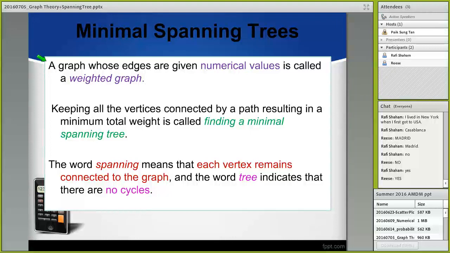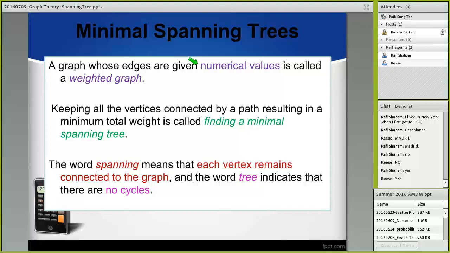In the test, they will just ask you, what is a weighted graph? Well, if you see a graph that we work on, Euler path or Hamilton path or circuit, if you see numbers on the edge, we call it a weighted graph, because each edge represents certain values, either big values or small values.